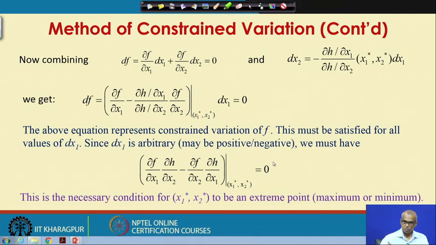That means, if it has to be a candidate point for maximum or minimum, this is the condition that must be satisfied according to the method of constrained variation.